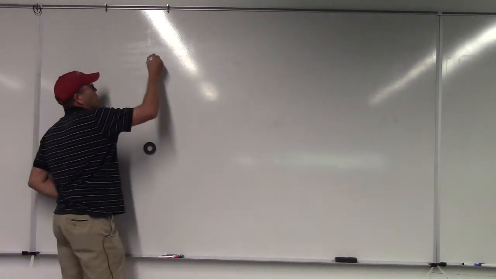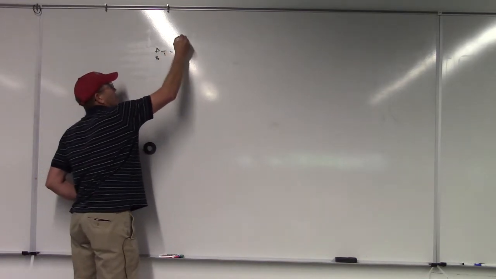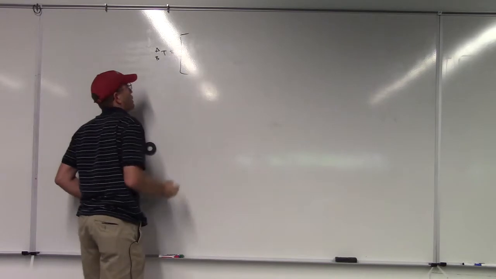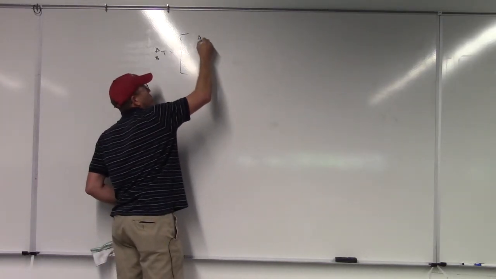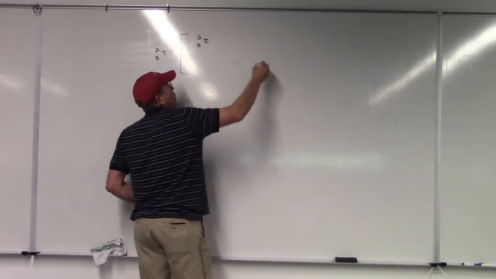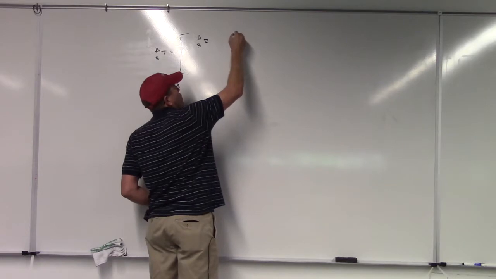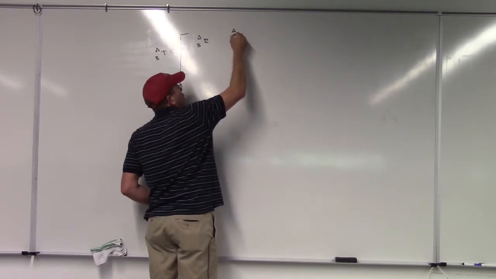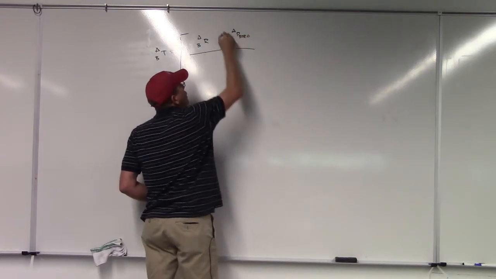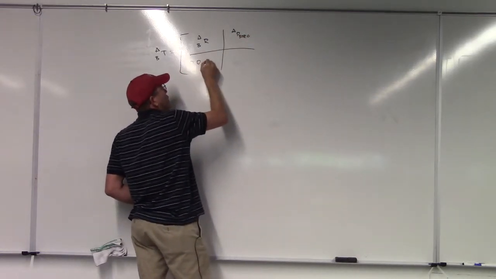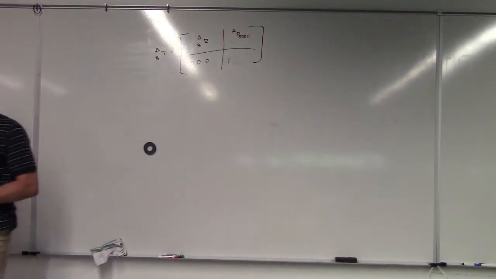So let's say that we have a transformation from A to B. And we know that this transformation is going to be packaged as the rotation from A to B, the position vector pointing from A to the origin of B, and then a bunch of zeros and a 1. How are we going to invert that?